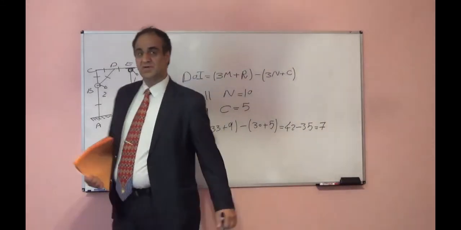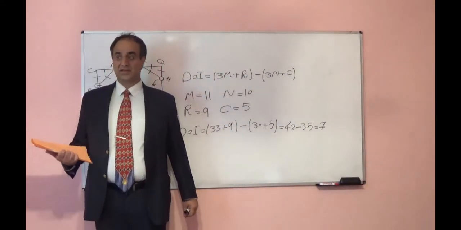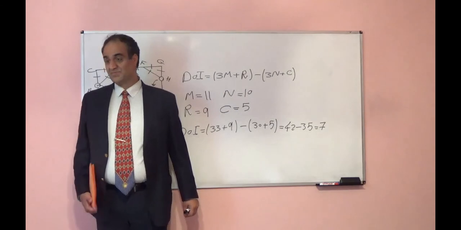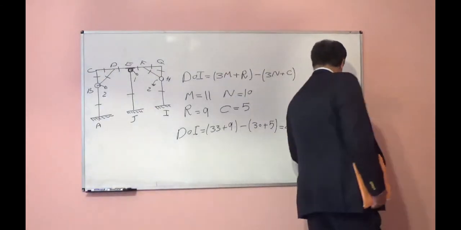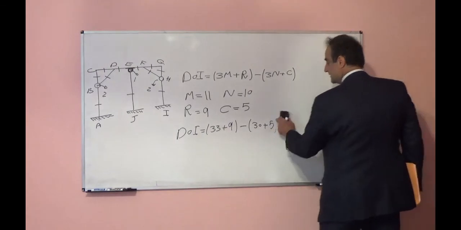So the number of unknowns is more than the equations. How many unknowns do we have more than the number of equilibrium equations? 7 unknowns. Okay, let's look at the next one.